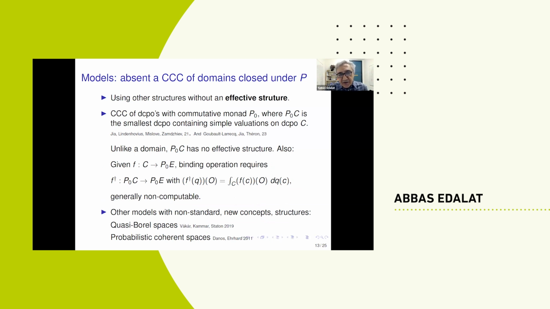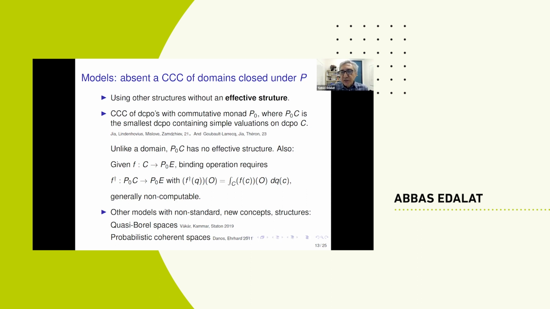So in the absence of such a Cartesian closed category of domains, and because of the increasing importance of probabilistic computation in machine learning and deep learning and so on, researchers in denotational semantics resorted to other structures other than Scott domains and other than continuous DCPOs.